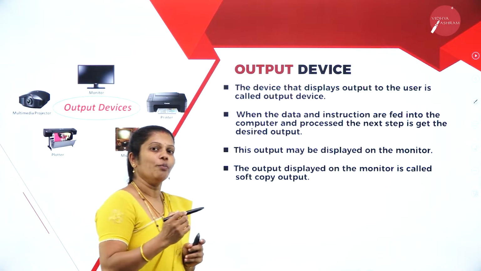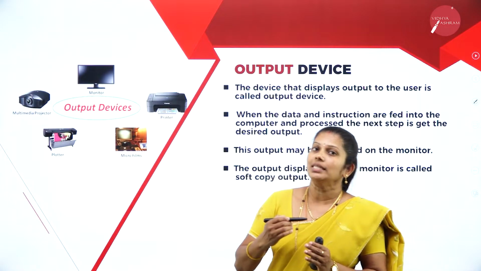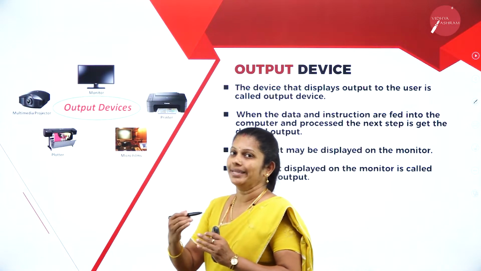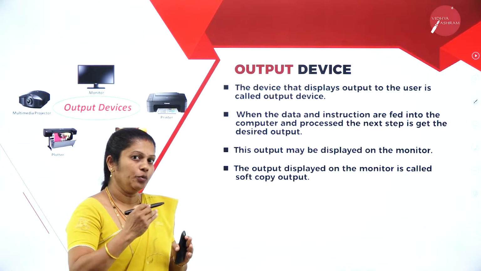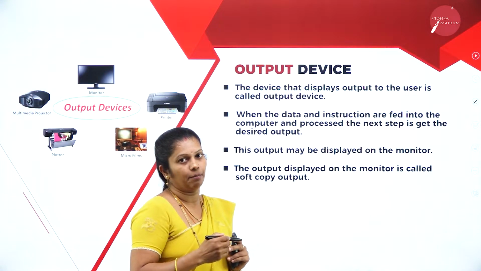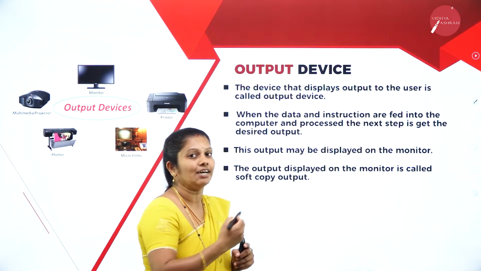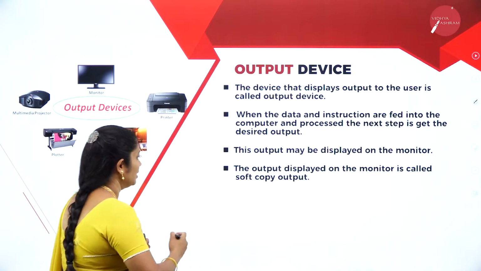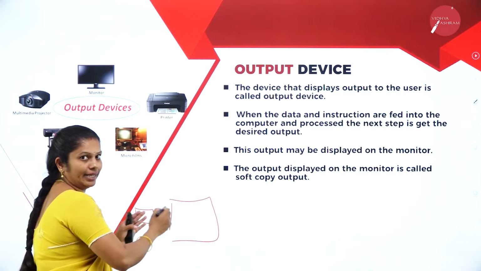First of all, what do you mean by an output device? By using an output device, we are able to get information from the computer. Input devices help to take the data from the user. Consider this is your computer, and here is the CPU.